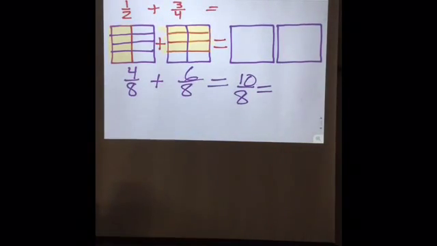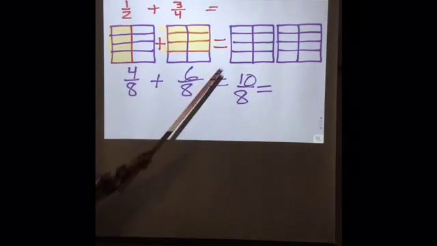Right. So now I'm going to show you how this is in a mixed number. I'm going to show you what a mixed number is going to look like, okay? So how many things am I cutting my boxes up into? 8. 8s. Right.